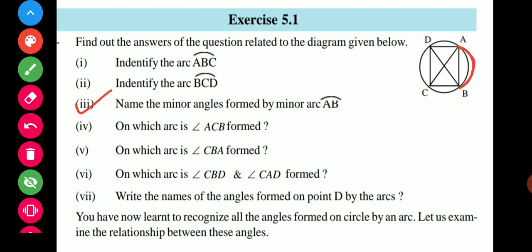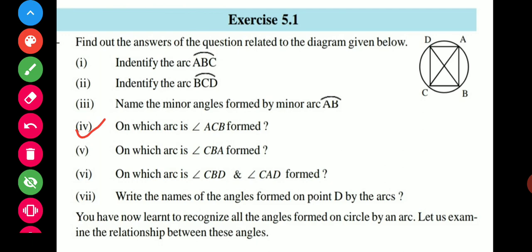Name the minor angle formed by minor arc. Minor arc, this one. So minor angle is this one. This angle is minor angle, this one. And also you can say this one. This one is also minor angle. So you can write this one.